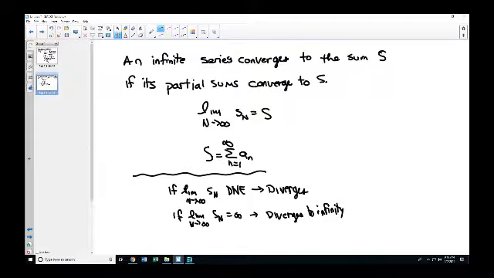The partial sums have to converge to some number, right? But if you get a series that bounces all over the place, doesn't converge to one number, but it doesn't diverge to infinity, you can have something that diverges. Does that make sense? So, say, cosine.